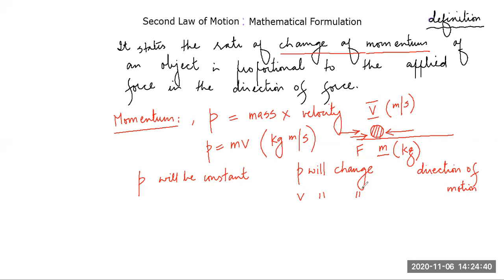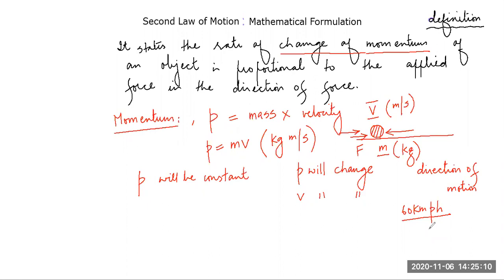Am I right? Let's say your car is moving with 60 kilometer per hour. Then suddenly when you press the accelerator, the car starts accelerating. The velocity of the car increases. Why? Because the engine is applying force on the car.